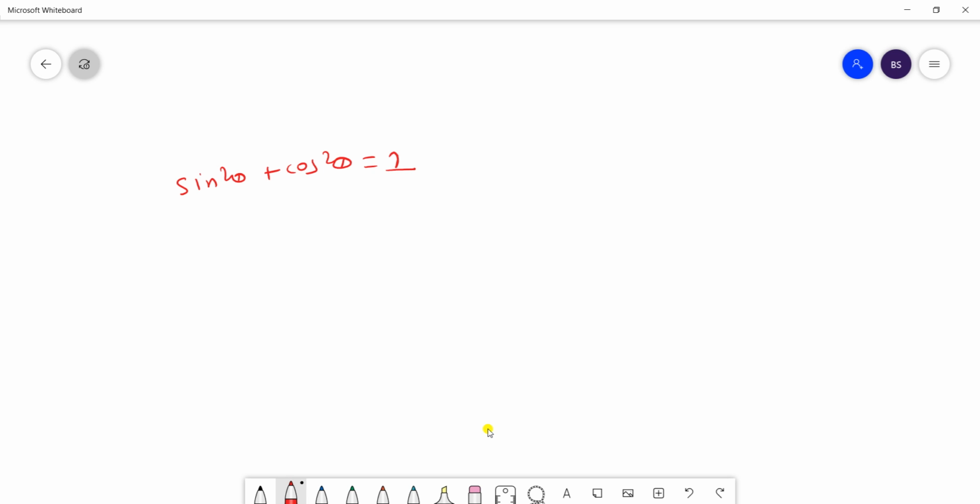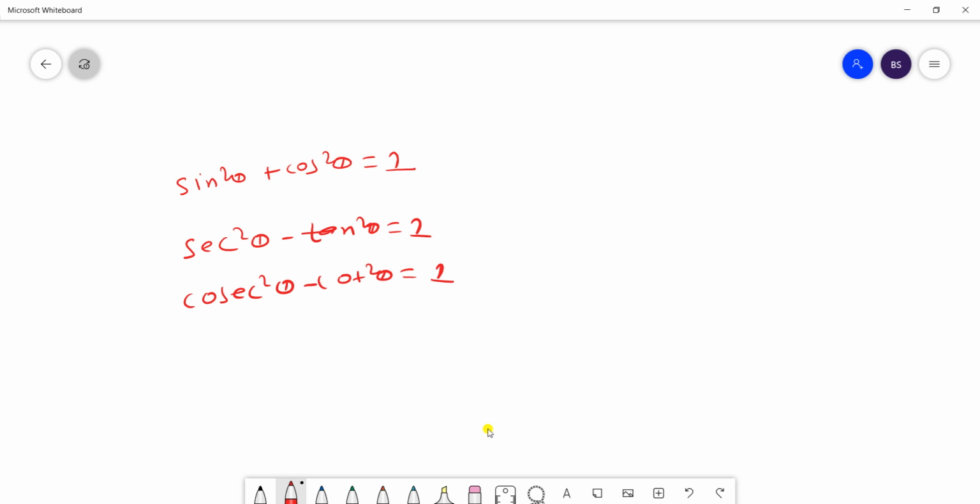And one more formula is sec square theta minus tan square theta is equal to 1. Next one is cosec square theta minus cot square theta is equal to 1.